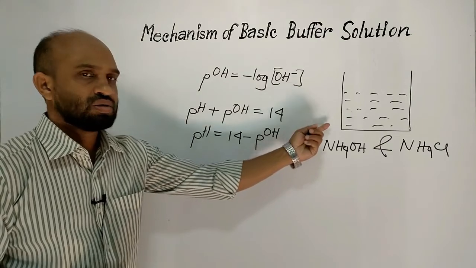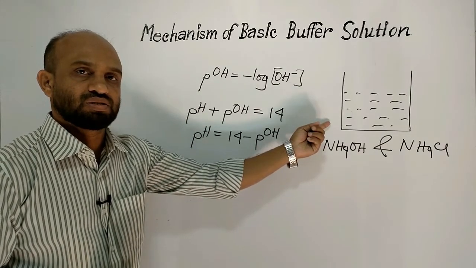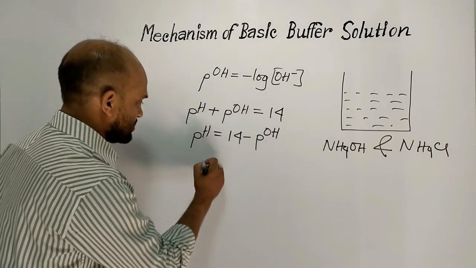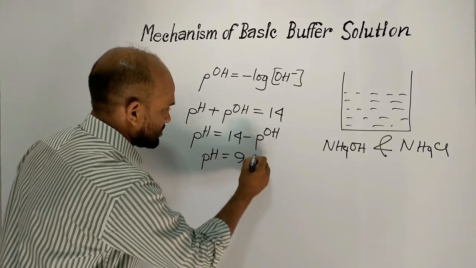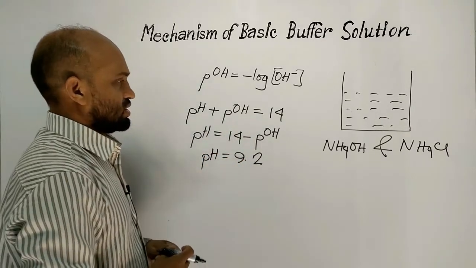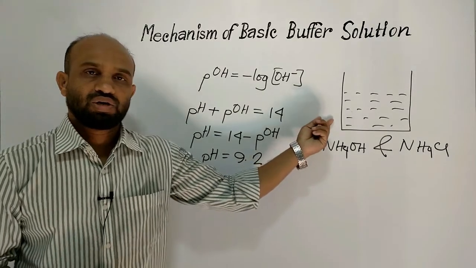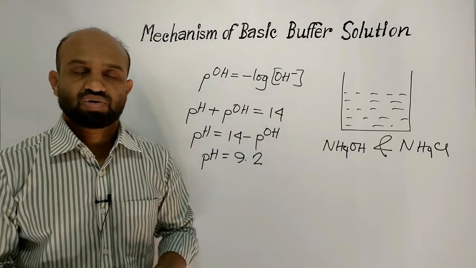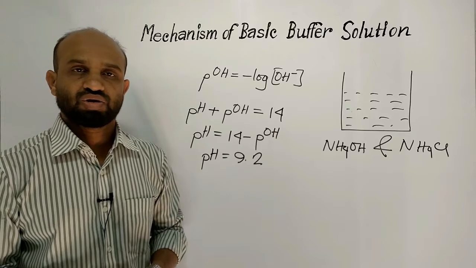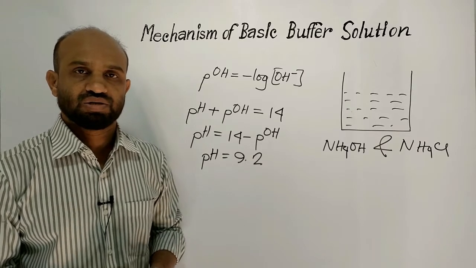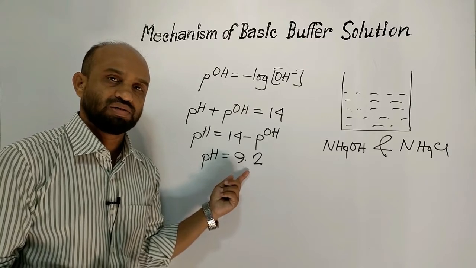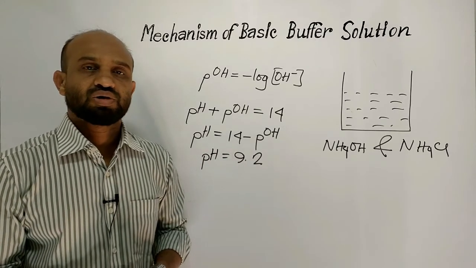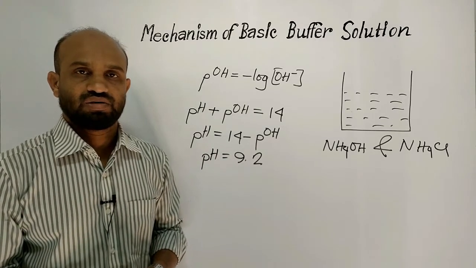Suppose pH of this basic buffer solution is 9.2. In this solution, when small amount of strong acid or strong base is added to the solution, then pH value remains almost unaltered, unchanged.